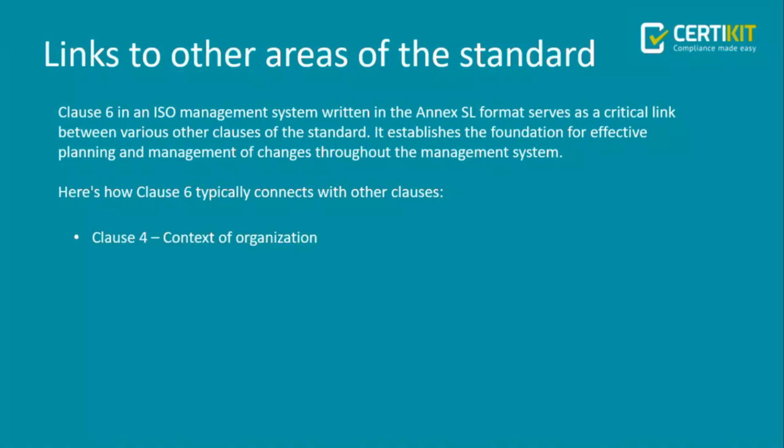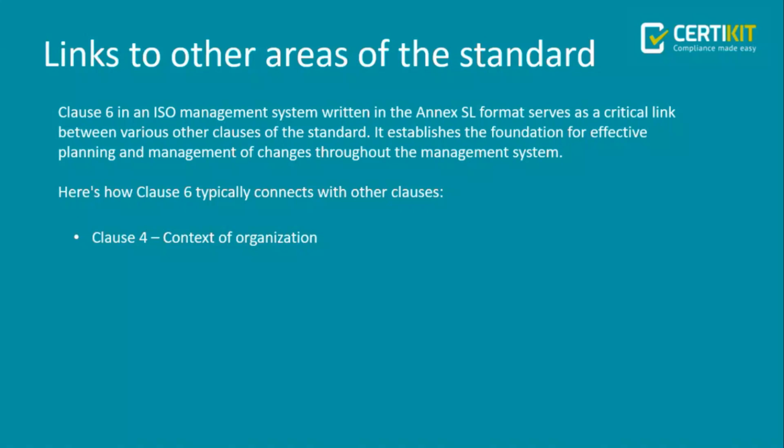Clause 4, context of the organization. As I said, it links closely with clause 4.1, which is internal and external issues that can affect the management system, and 4.2, the needs and requirements of interested parties. So those are the two links, and I went to a bit of length because it's an important part that links with 6.1.